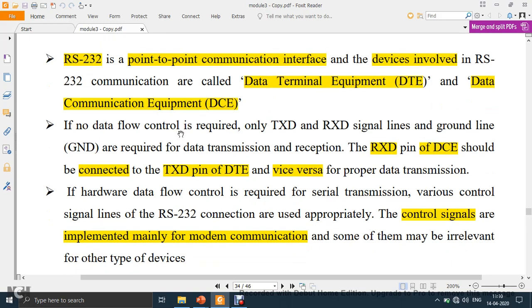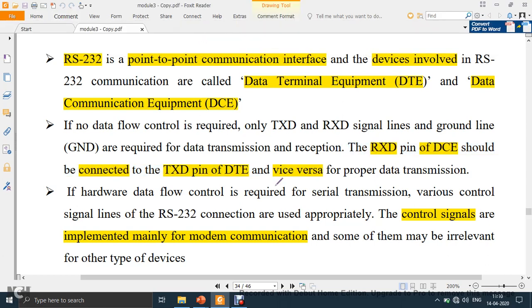If no data flow control is required, only the TXD and RXD signals and the ground line are required for data transmission and reception. The RxD pin of the DCE should be connected to the TXD pin of the DTE and vice versa. We saw this in UART. If you remember, I told you the connections are cross coupled.